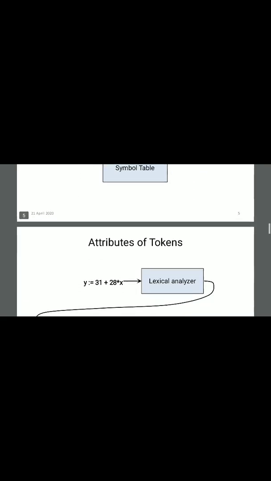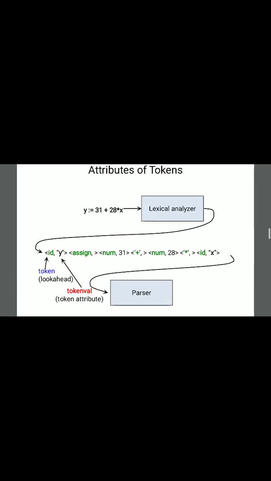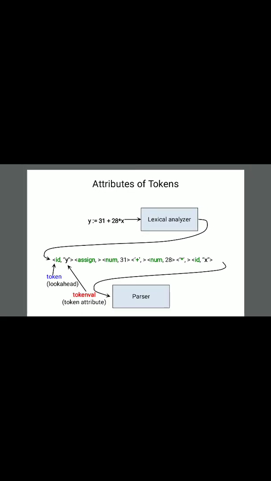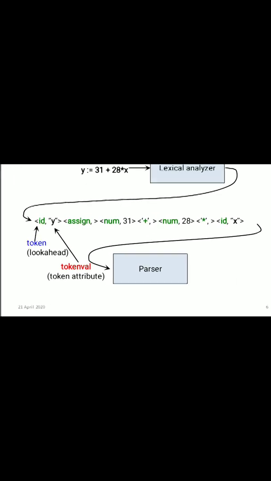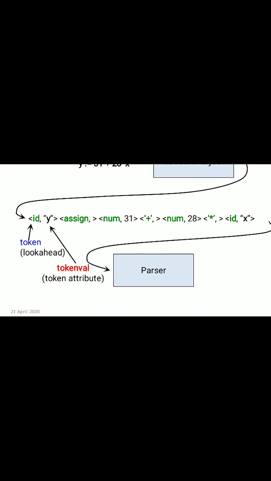Now just a small example is taken here. If the input is given as y = 31 + 28 * x, now understand how the lexical analyzer is going to process it.